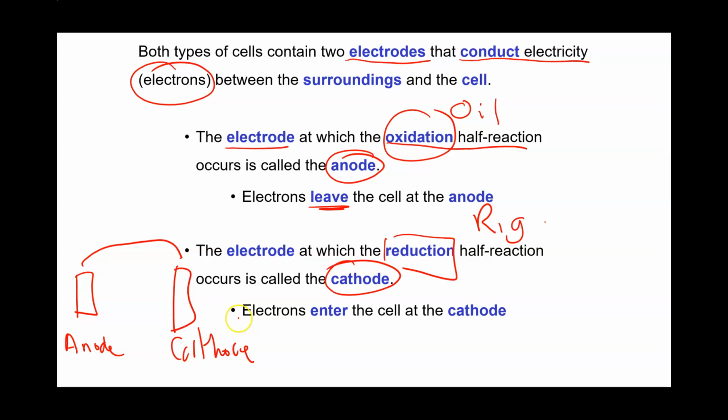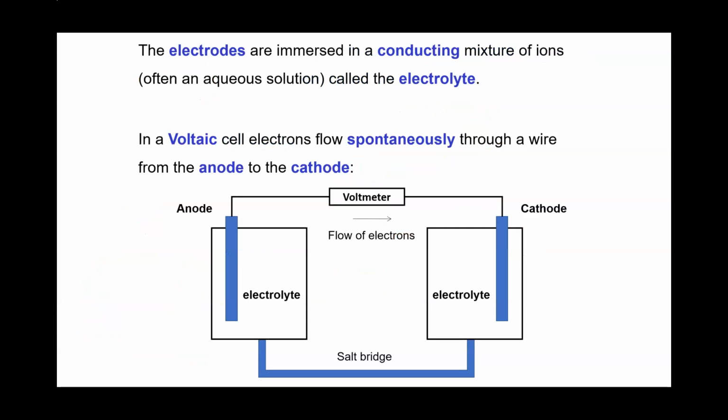That's what's going to happen, right? So electrons go anode to cathode, A to C. And then those electrons, they're going to be either removed from our cell compartment or added to our cell compartment.